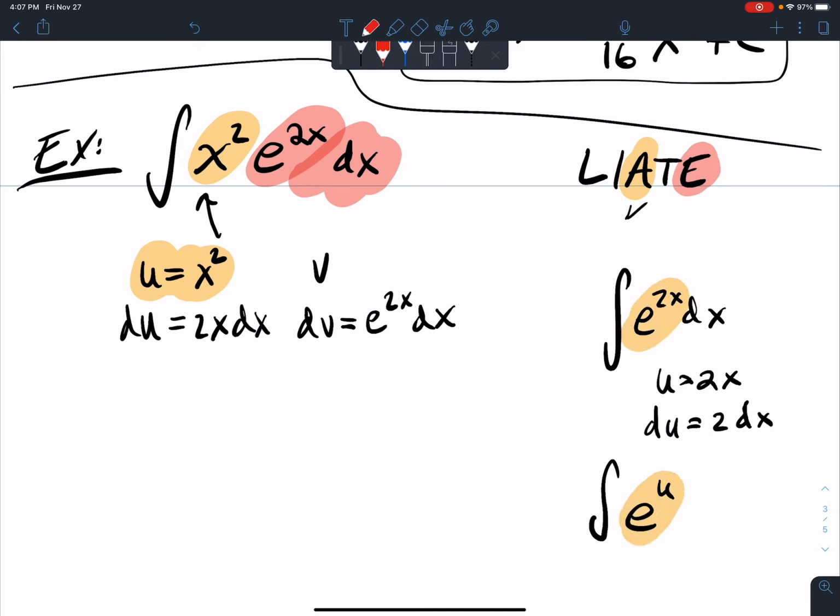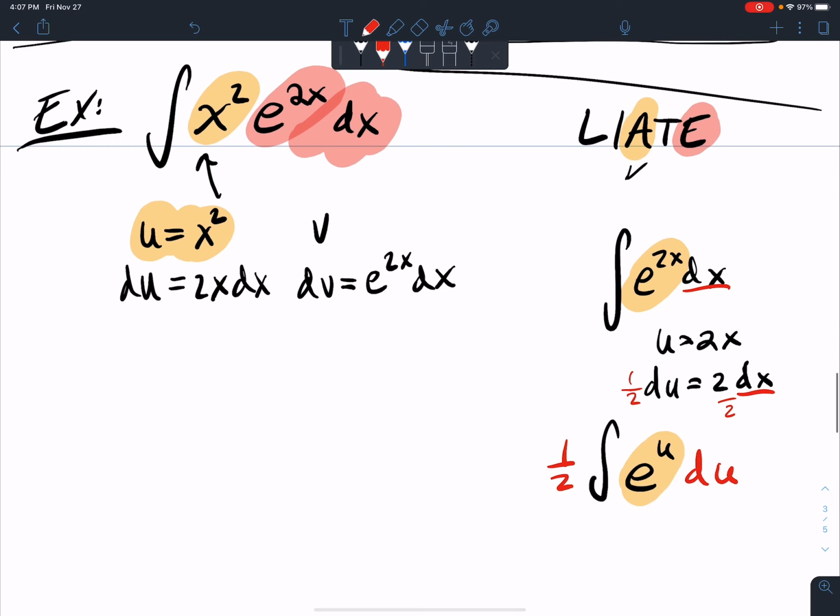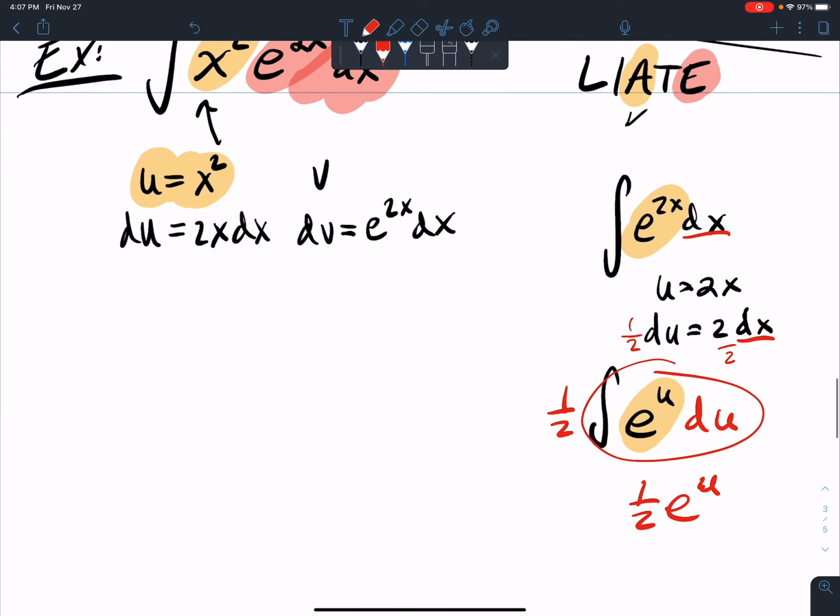But then we also have this dx. Well, to get dx by itself, I got to divide both sides by 2. So that's where this 1/2 du comes into play. And then the integral here is e to the u. And then what does u equal? Well, u is equal to 2x. So that gives me 1/2 e to the 2x.